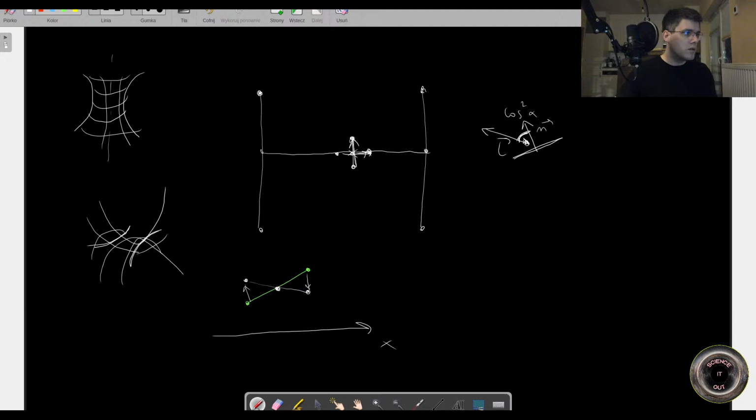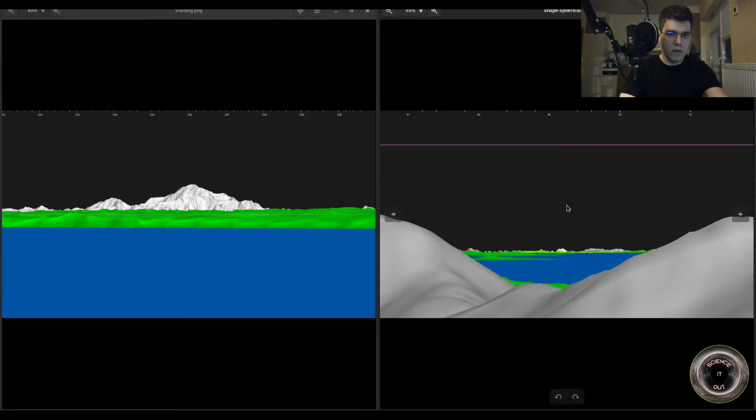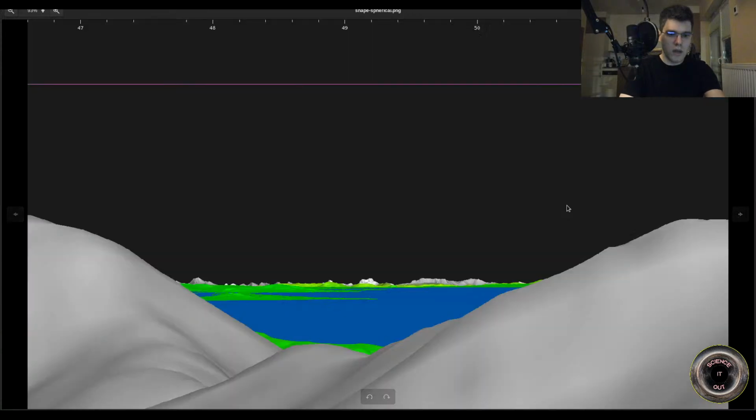Oh no, I didn't show you this one. Okay, so I also prepared an example of different Earth shape models on a photo. Let me show you.